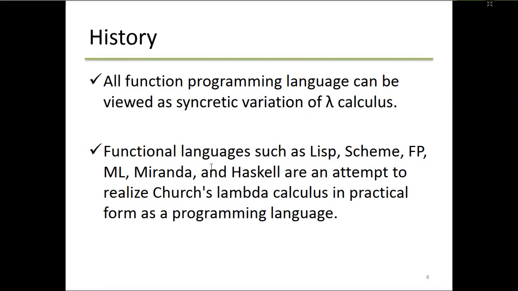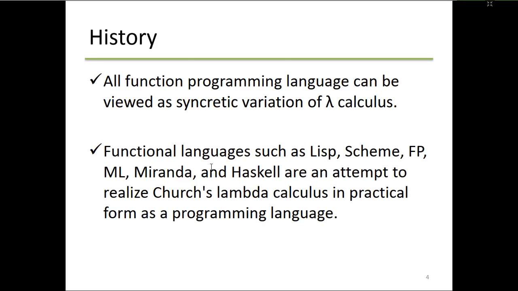In general, a functional programming language can also be viewed as a variant of the lambda calculus. The FPLs such as Lisp, Scheme, FP, ML, Haskell are an attempt to realize Church's lambda calculus in a practical form as programming languages.